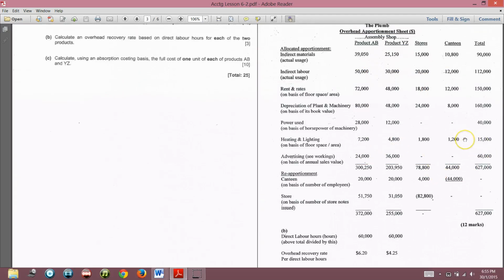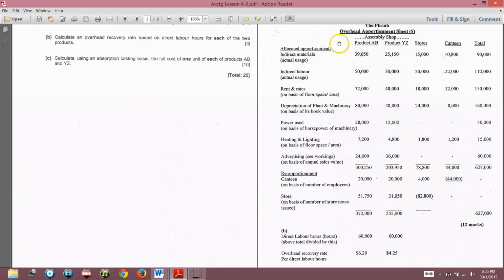The reason why we do this overhead apportionment sheet is ultimately we want to find out the total indirect overheads for the two products departments, because we are not going to sell our stores, we are not going to make money out of our canteen, but ultimately we are going to make money out of these two products.